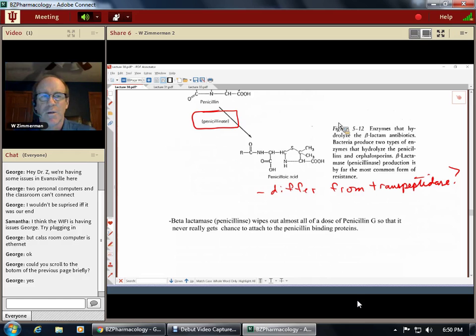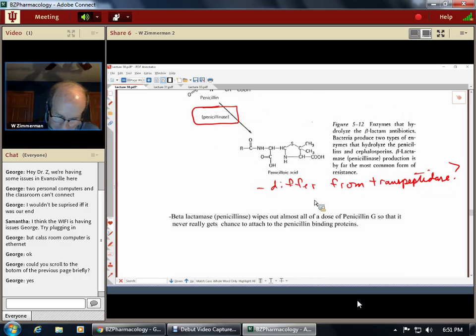Math test tomorrow. I'll give you guys the answer here. The answer is the penase is free. That transpeptidase was covalently bound. So what happens is we wind up with penicilloic acid and the penase.